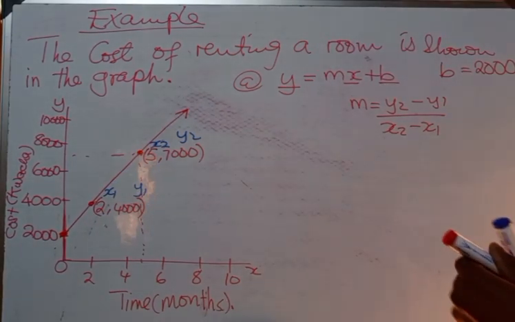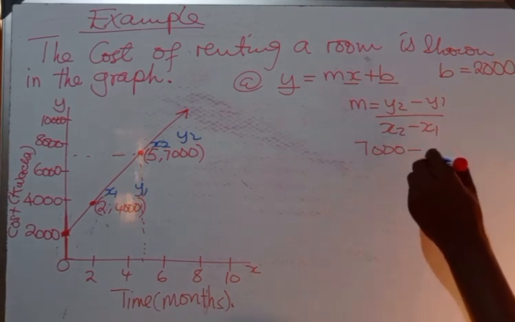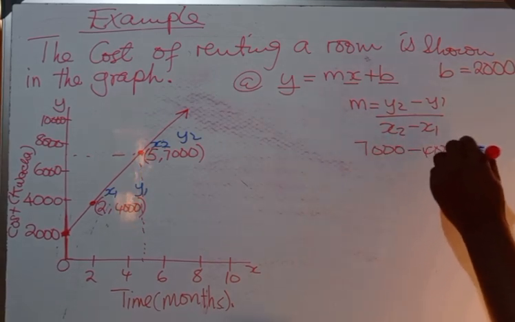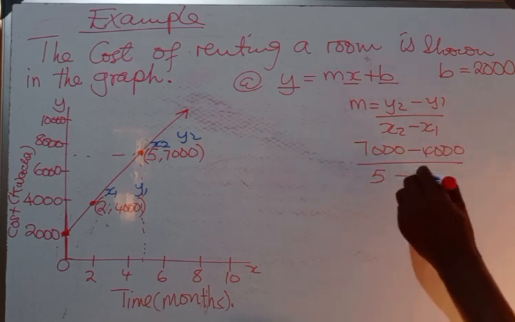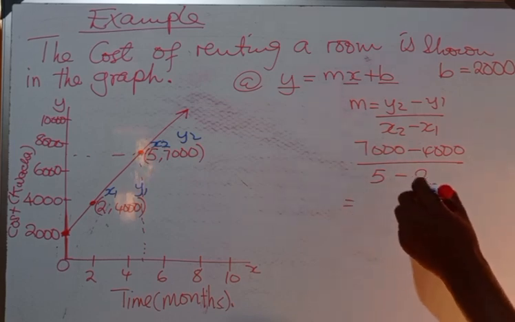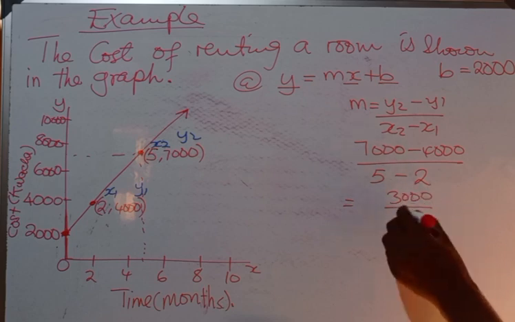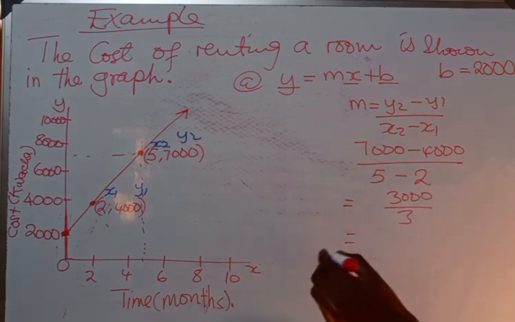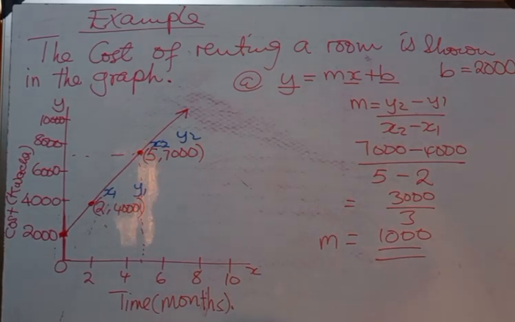So we are going to have 7,000 minus 4,000 over 5 minus 2. So we are going to have 3,000 over 3. So the value of m is 1,000.